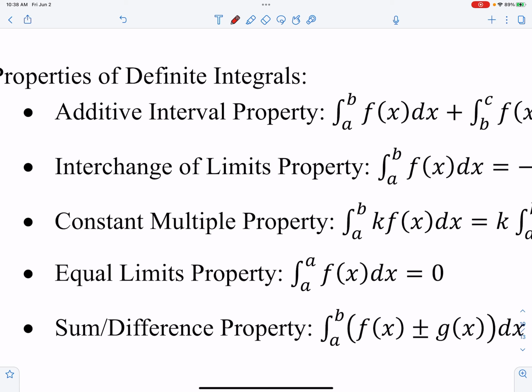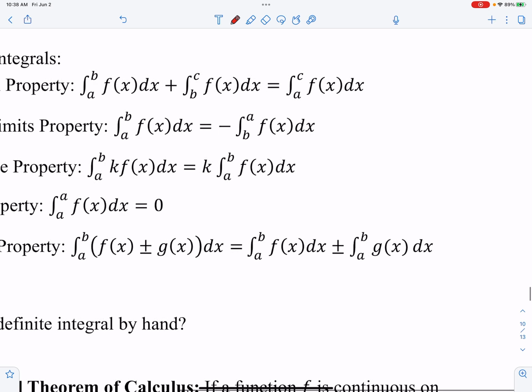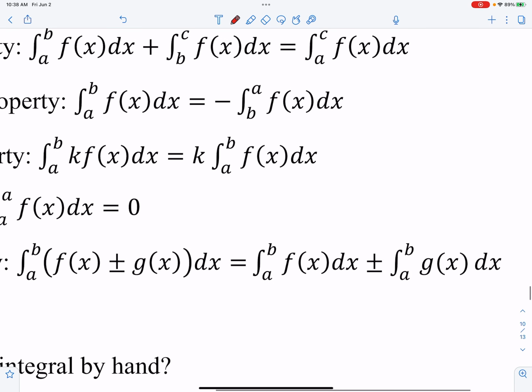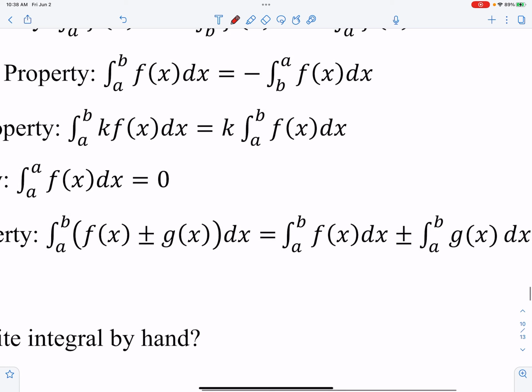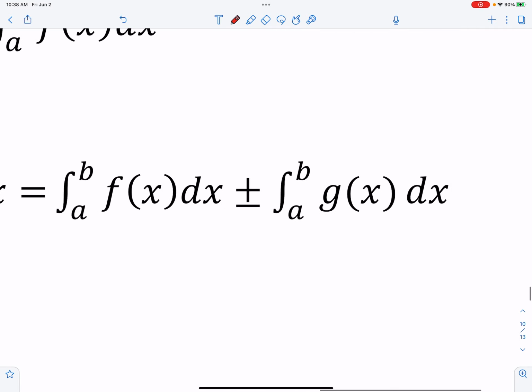The area under the curve would be 0. And then the sum or difference property says that if you're integrating what you can think of as a sum or difference of two functions, just like with differentiation, and as we've seen with indefinite integrals so far, you are allowed to split up that integral.